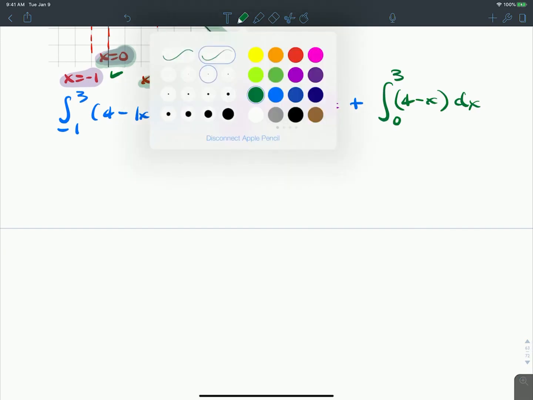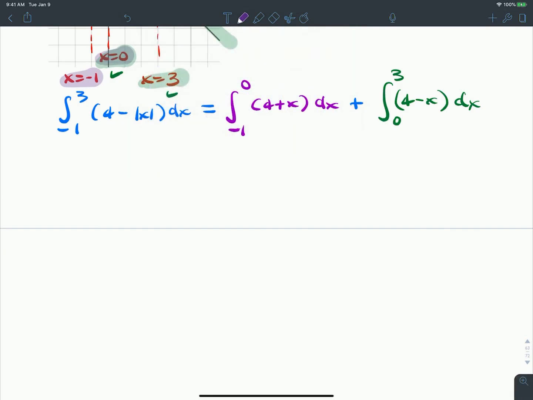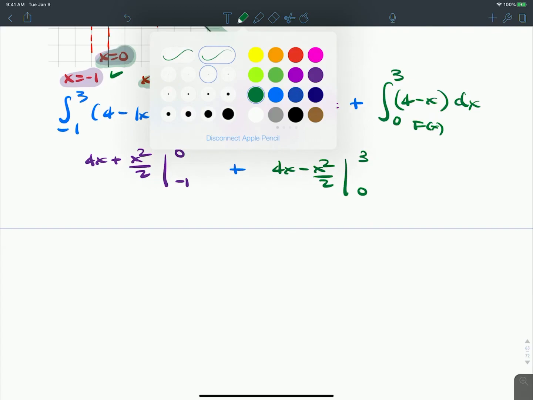So let's find our antiderivatives here. So I need this antiderivative, which will be 4x plus x squared over 2. We evaluate that from -1 to 0. Plus, now we have the second antiderivative, which will be 4x minus x squared over 2, evaluated from 0 to 3. So we're going to plug everything in here.